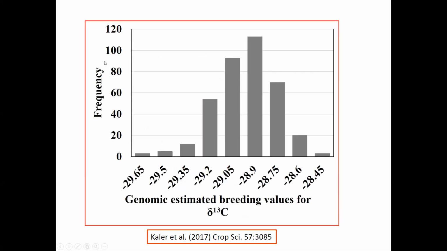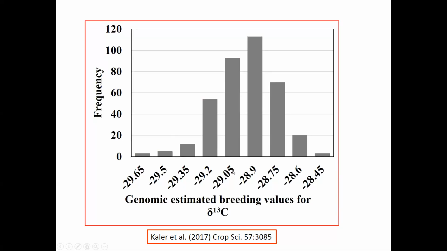And in this graph, we're still looking at the 373 genotypes from the initial screen. And we're looking at a frequency distribution of the genomic estimated breeding values for C13 ratio. And we selected 20 genotypes from this panel of 373 genotypes across this wide distribution.